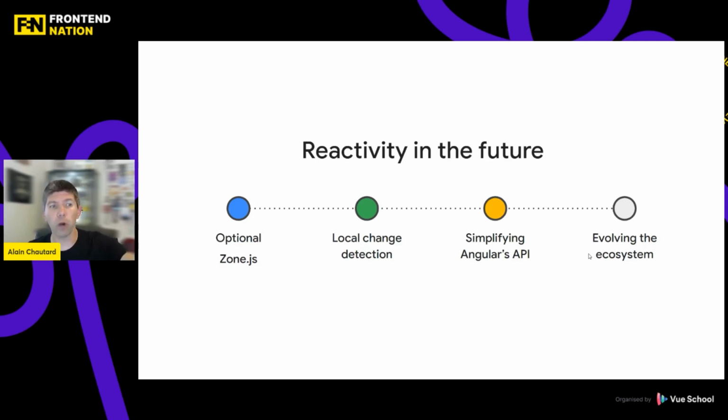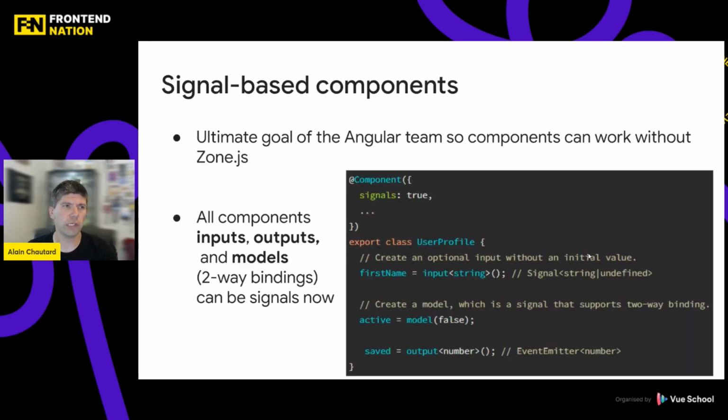So this can become optional now. And then simplifying Angular's APIs, reusing signals instead of observables everywhere where it's possible to do so. So that's what's happening right now in Angular. That's the direction in which it is going.